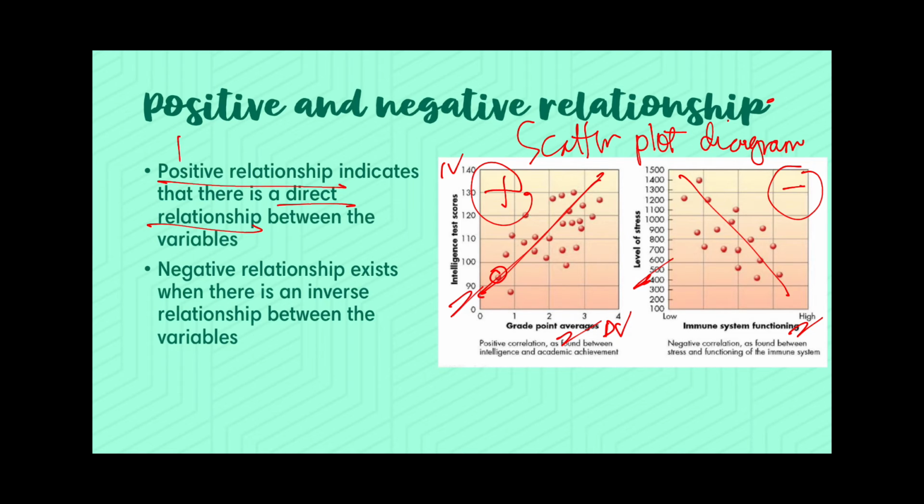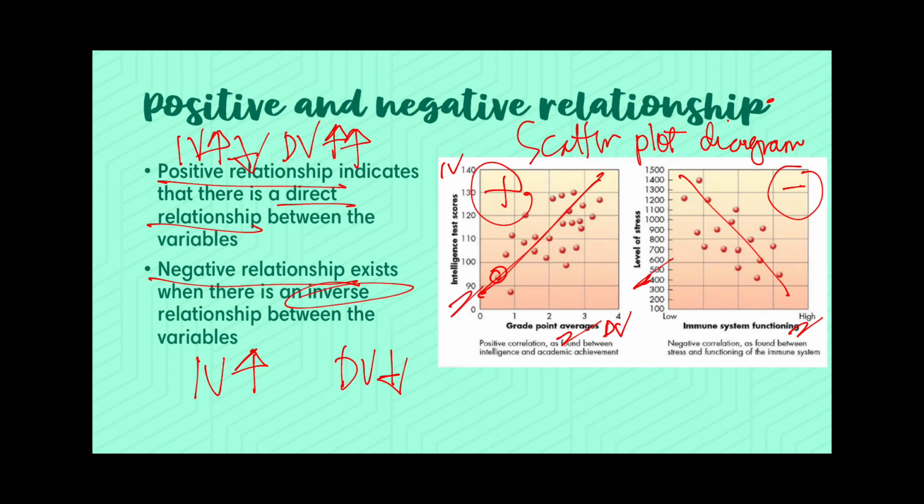So when the independent variable goes high, the dependent variable goes high, or vice versa, right? In the negative relationship, when there's an inverse relationship, when the independent variable is high, the dependent variable goes low, or vice versa, right? So that's an example.